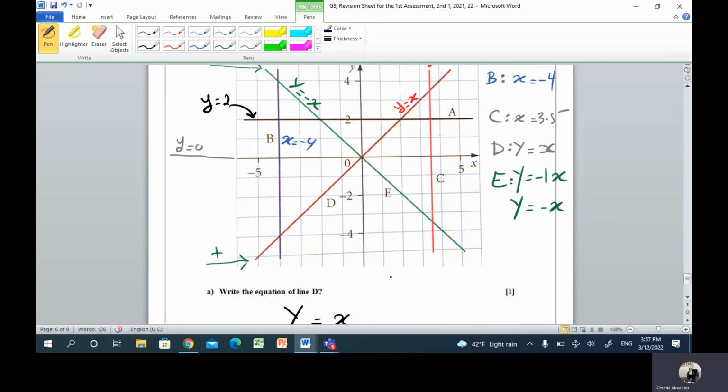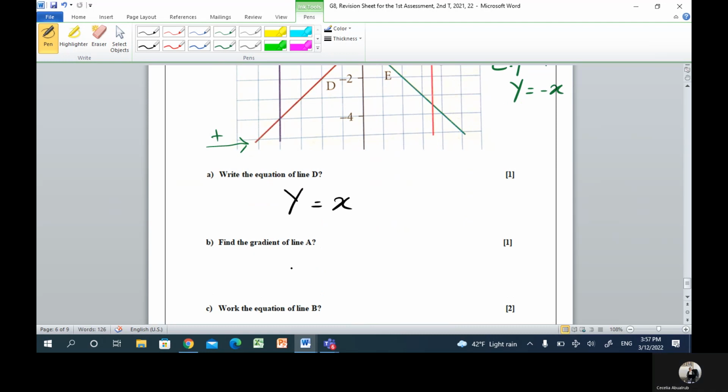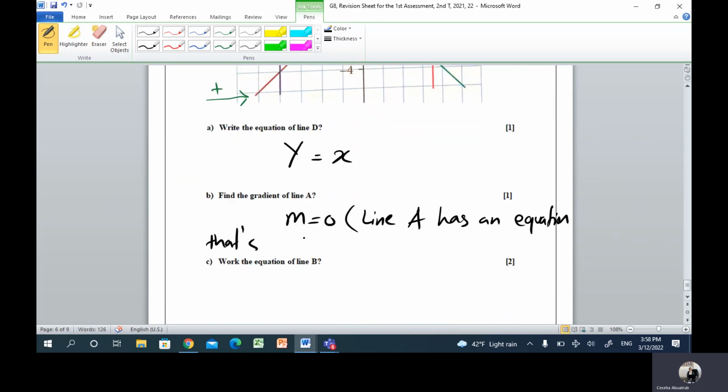Find the gradient of line A. The gradient of line A, as you can see, m is equal to 0, because for line A, the equation is y equals 2, which means it's parallel to the x-axis, and that's why it has a 0 gradient.